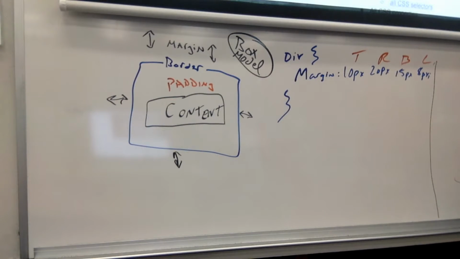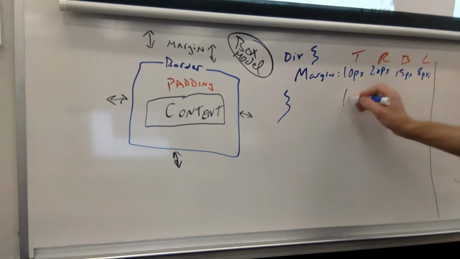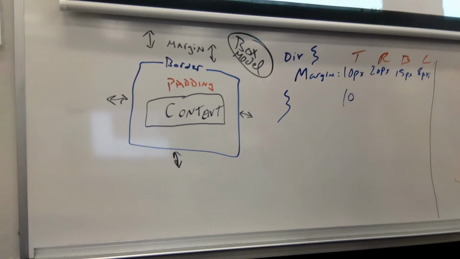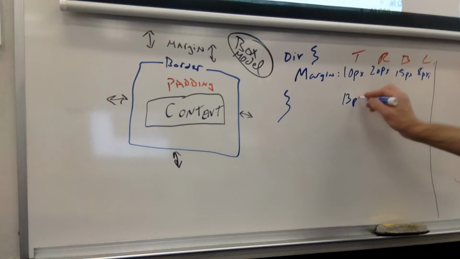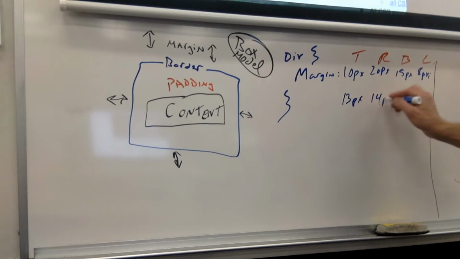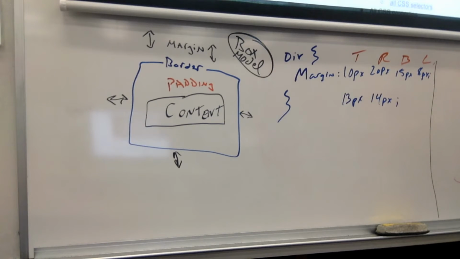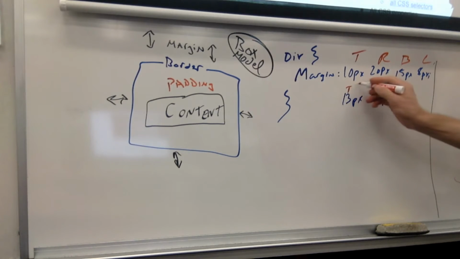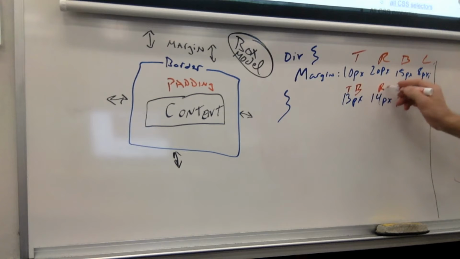Okay? We could also set it to, I'll use different numbers. We could also set it like that, in which case this is the top and bottom, and this is the right and left.